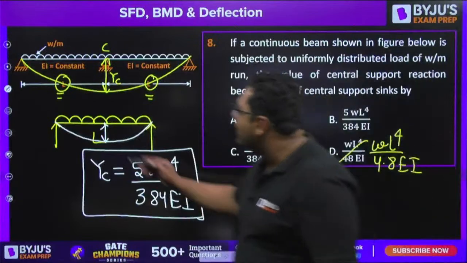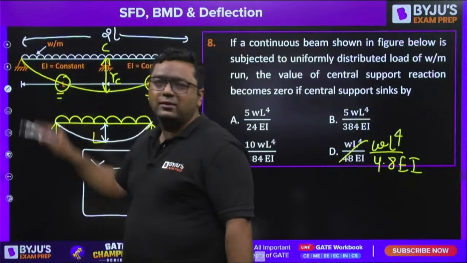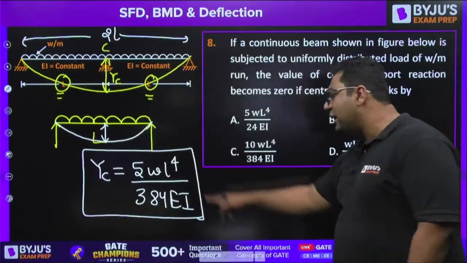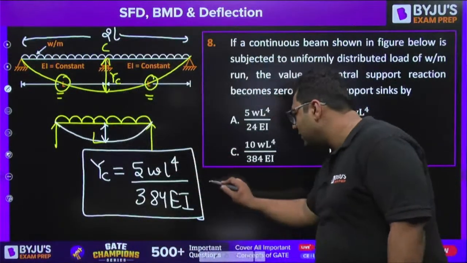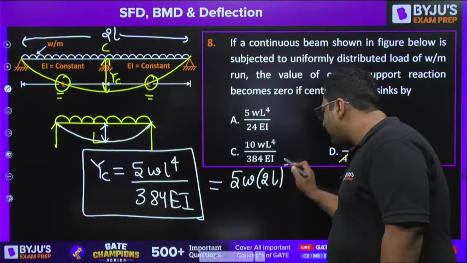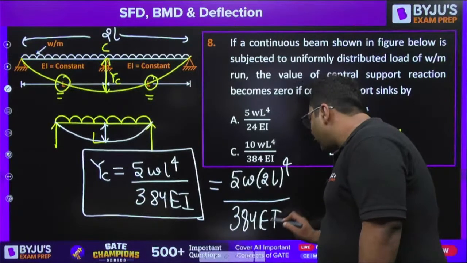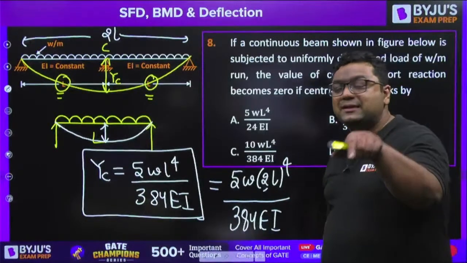But dear, here the length is not L, here the length is 2L. So if the length is 2L, you need to keep 2L in place of L. It will be 5W(2L) to the power 4 upon 384 EI. What do you understand by 2 to the power 4? It is 16.